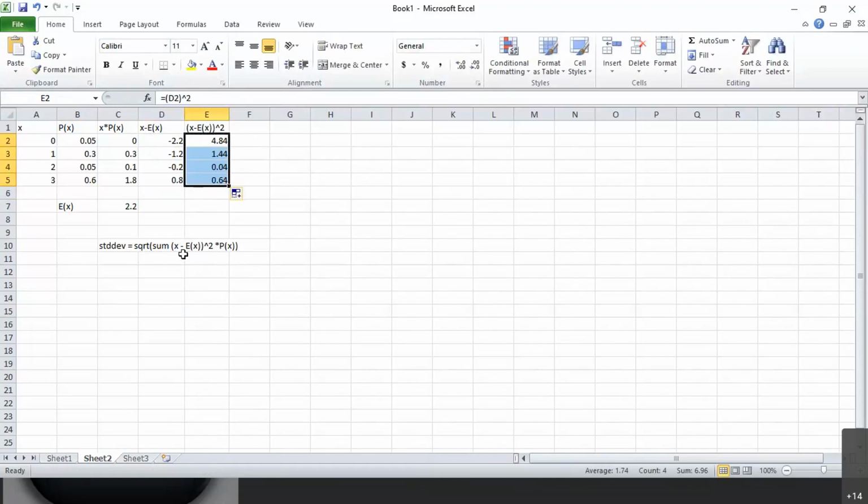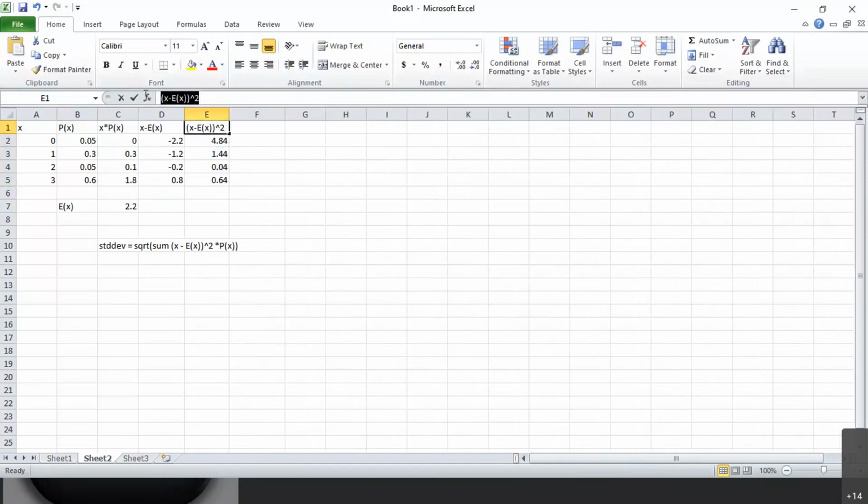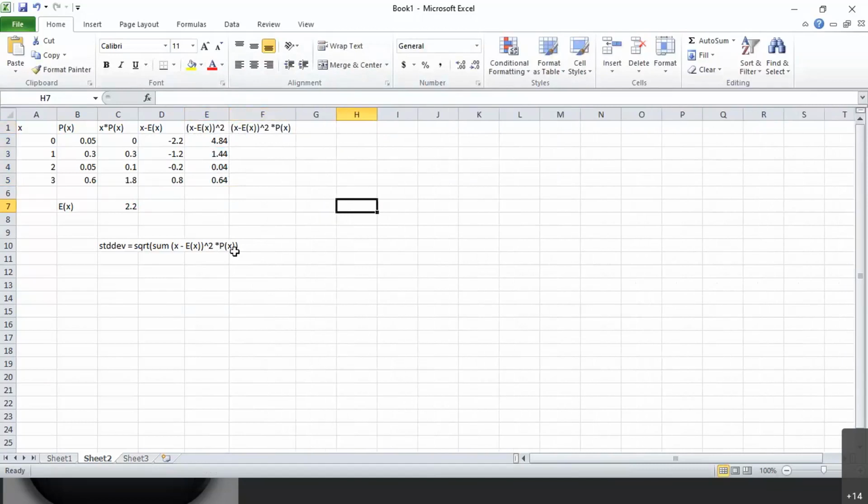The next thing I need to do is multiply that by the probabilities. So I'm going to copy this and then multiply that by P of X. Everybody see how I'm breaking the formula down from the middle outwards?